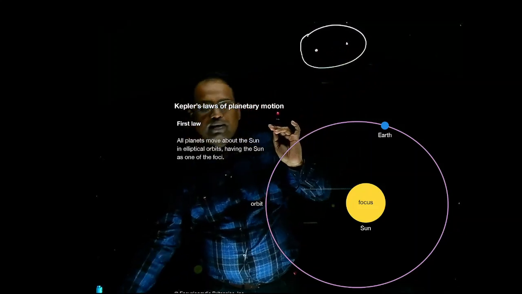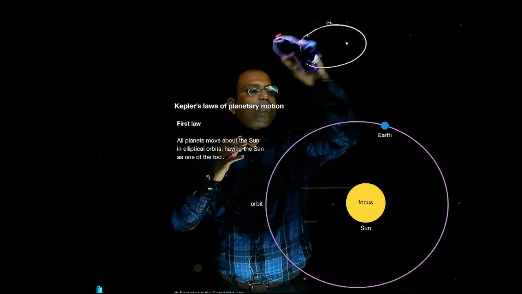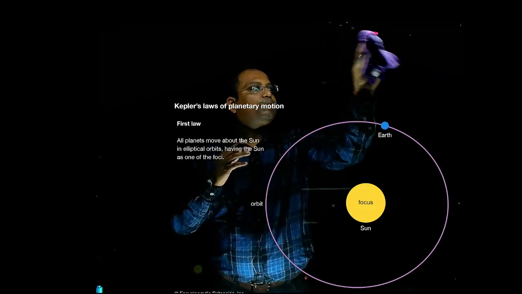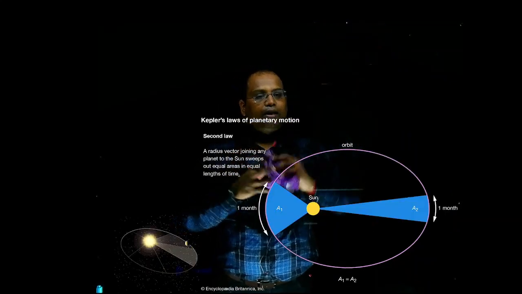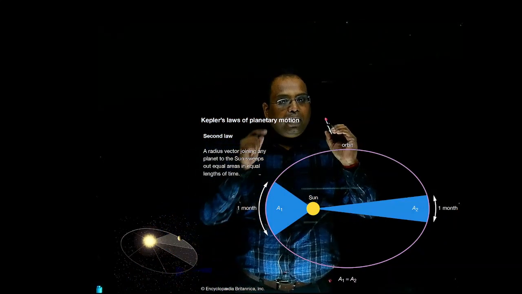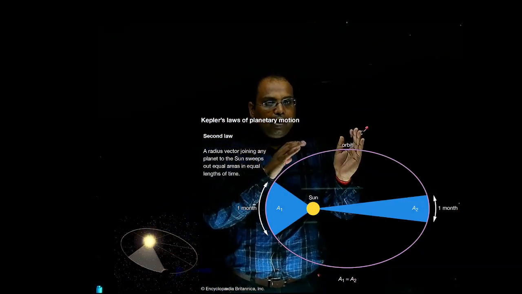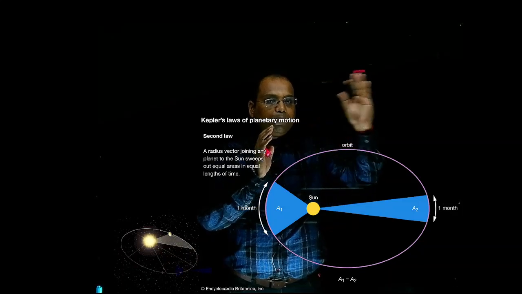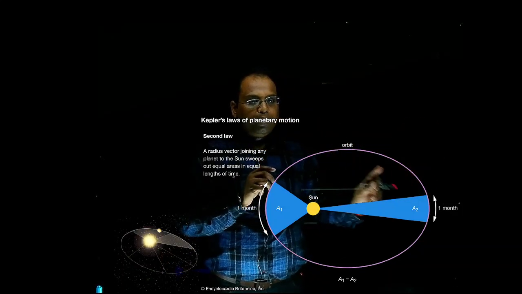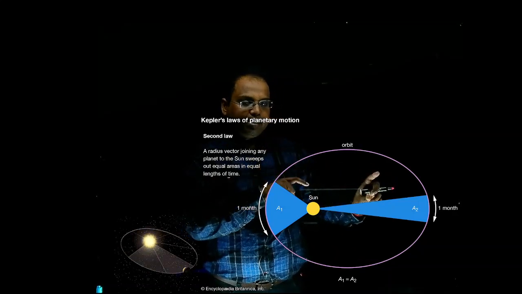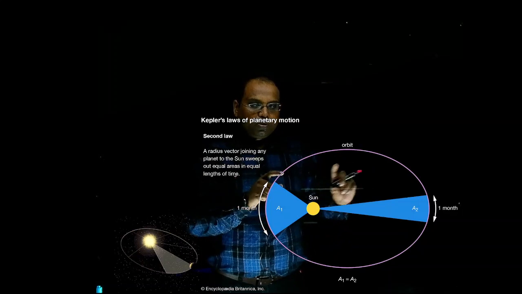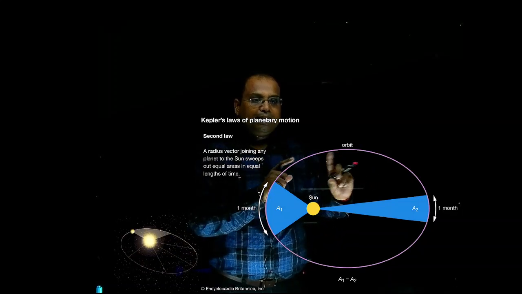The second rule is called Kepler's second law, which we'll see in the next slide. The law is: in equal time, it sweeps equal area. We can see here two blue shaded regions, and if we measure the areas of these two segments, they will be exactly the same.